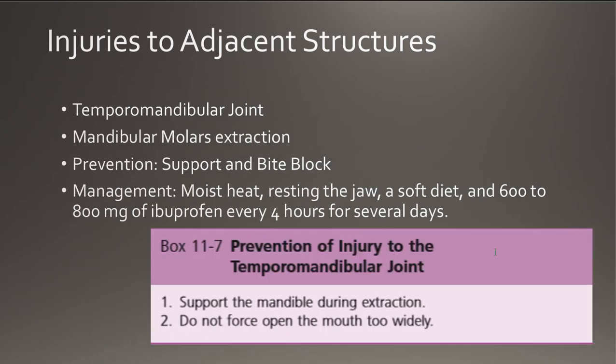Now, sometimes the joint can be injured by applying too much pressure, and if the patient already has a TMD, the patient might have some problems. So we can put support and a bite block to reduce the discomfort, and after the procedure, moist heat, resting the jaws, soft diet, and ibuprofen every 4 hours for several days.